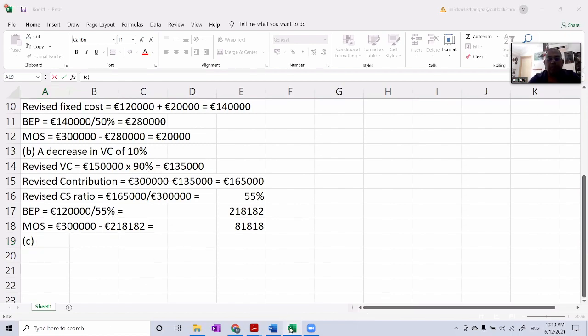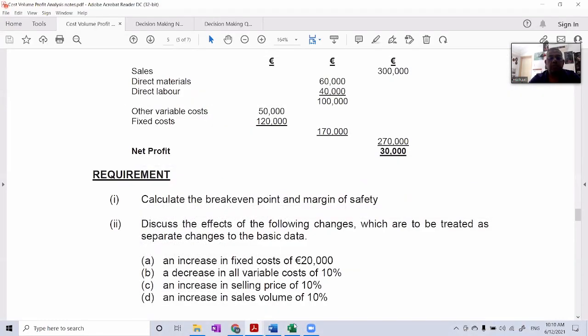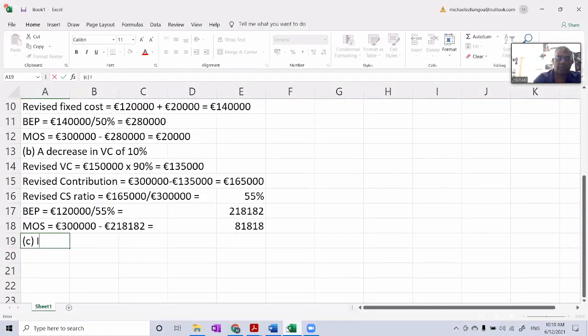Now, part C is increase in selling price of 10%. All right. So I'm going to assume no volume change.